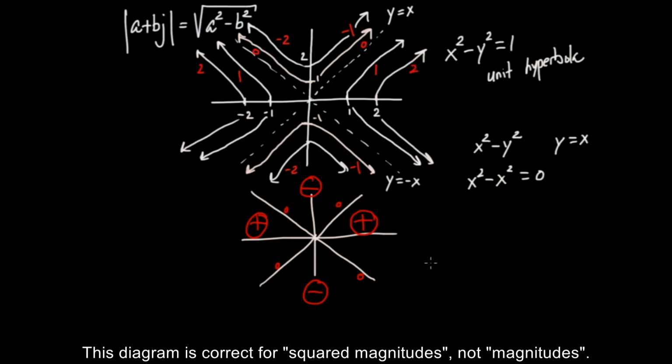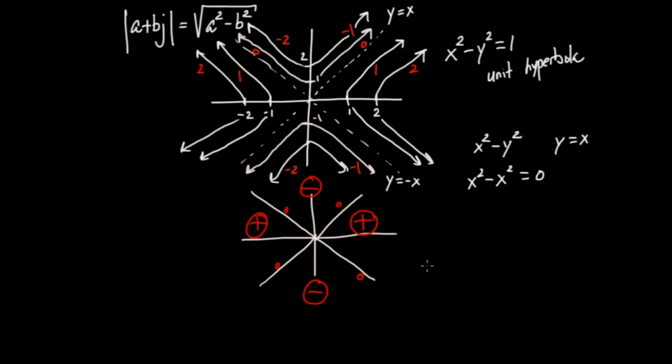One additional thing to notice too is that there's a very special split complex number which acts like 1, and it's going to be the split complex number 1, 0, which is located right there. So that's going to be the number 1 plus 0j.